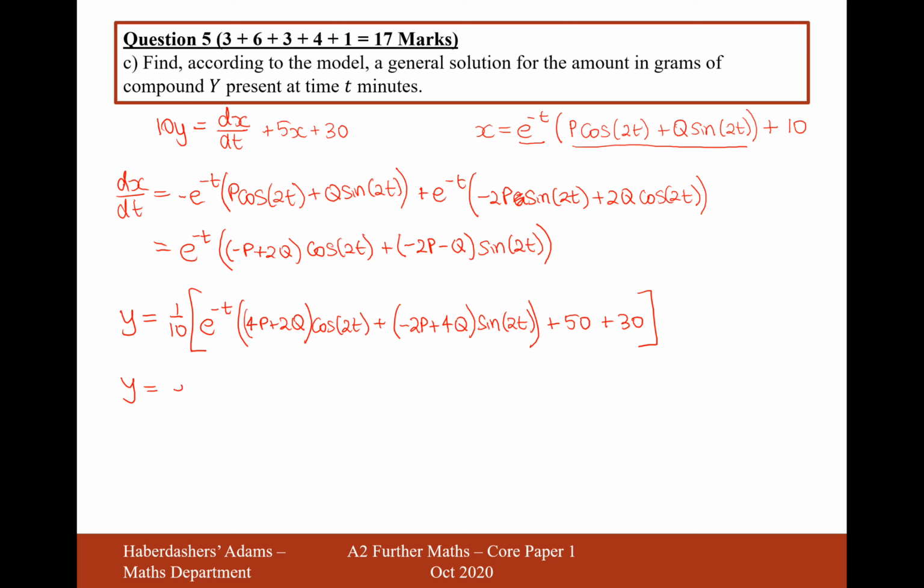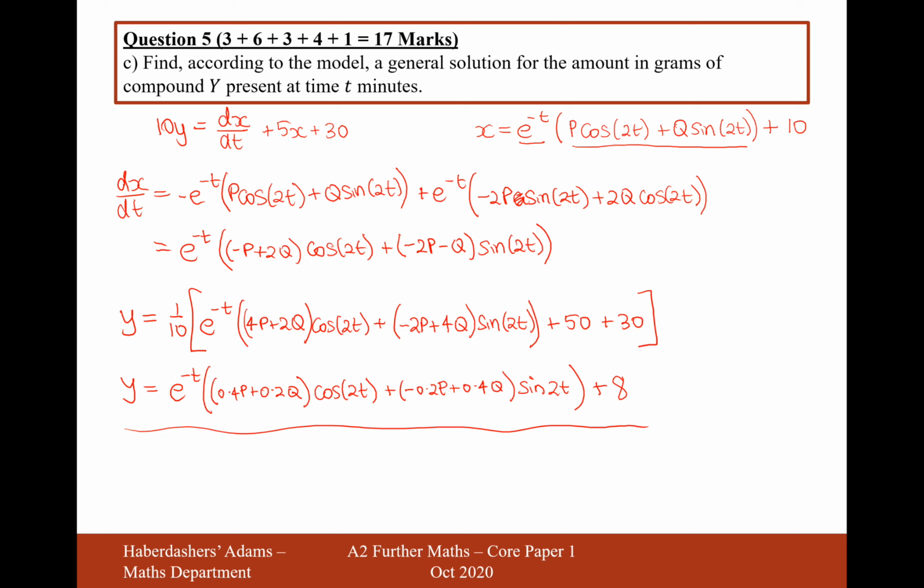So it's going to be e to the minus t multiplied by 0.4p add 0.2q cos 2t, add minus 0.2p add 0.4q sine 2t, and then we'll close the bracket on that, and then it's going to be 1/10 of 80, which will be plus 8. Phew! So there we are, that's the answer for part C.